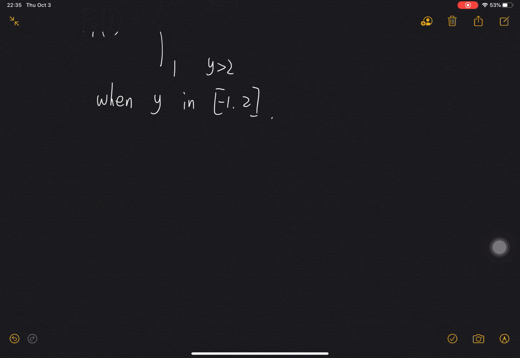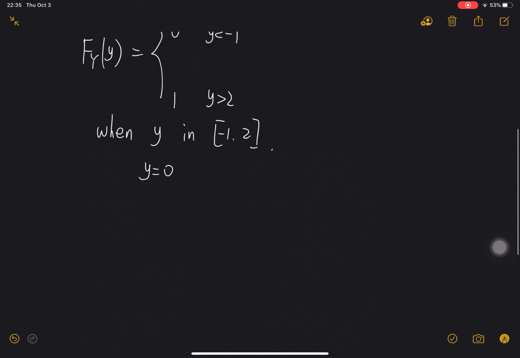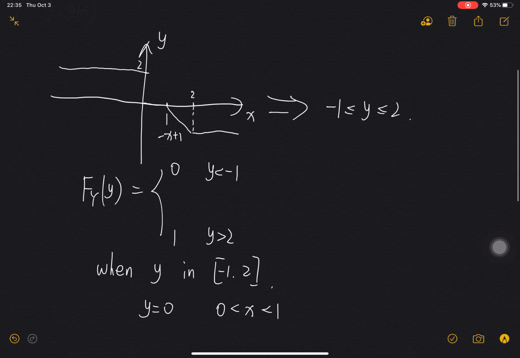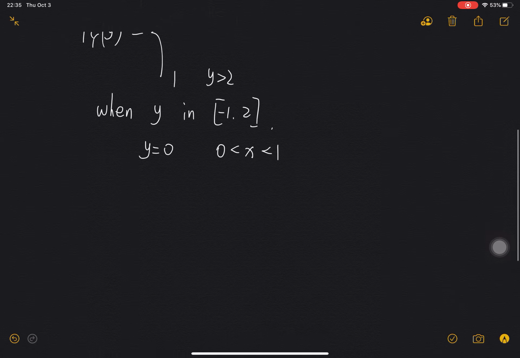Okay, first let's talk about the case that y is 0. According to the function between y and x, when y is 0, x is larger than 0 and smaller than 1, right? In this part, when y is 0. Okay.